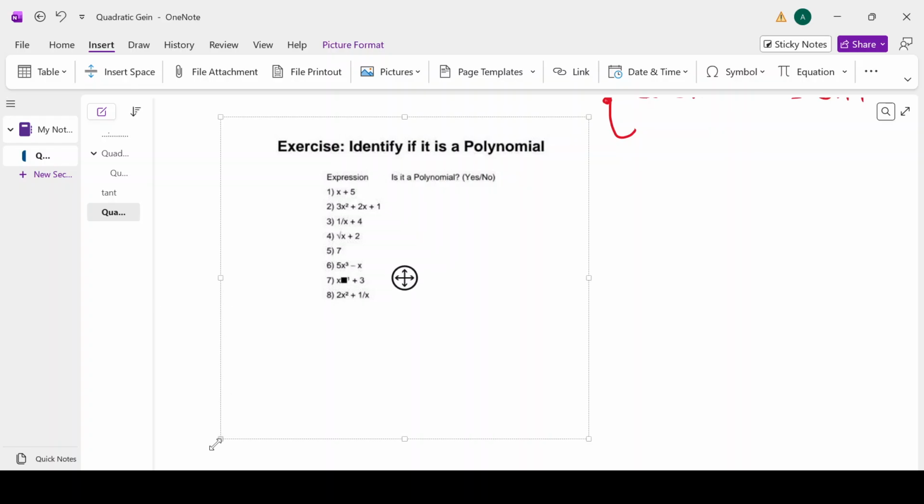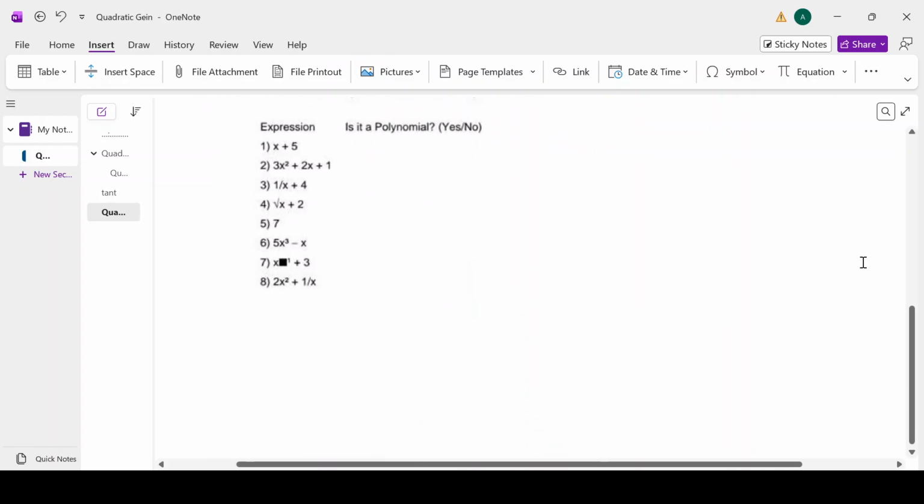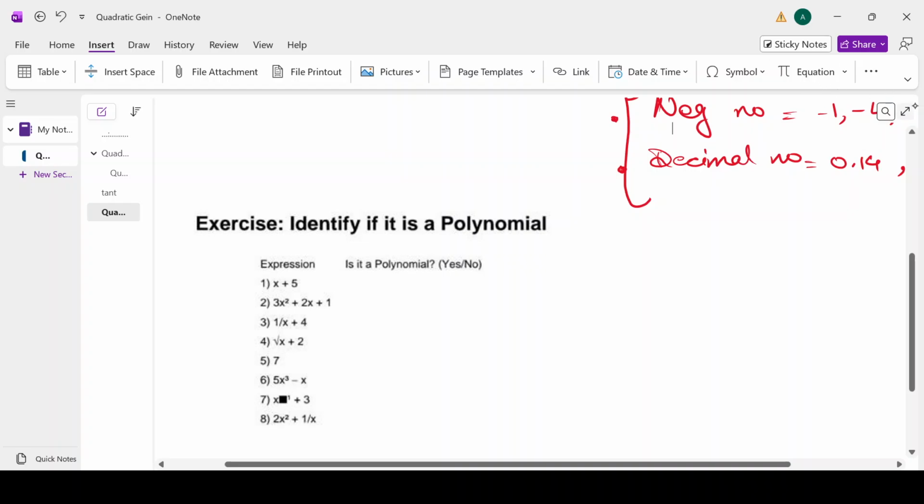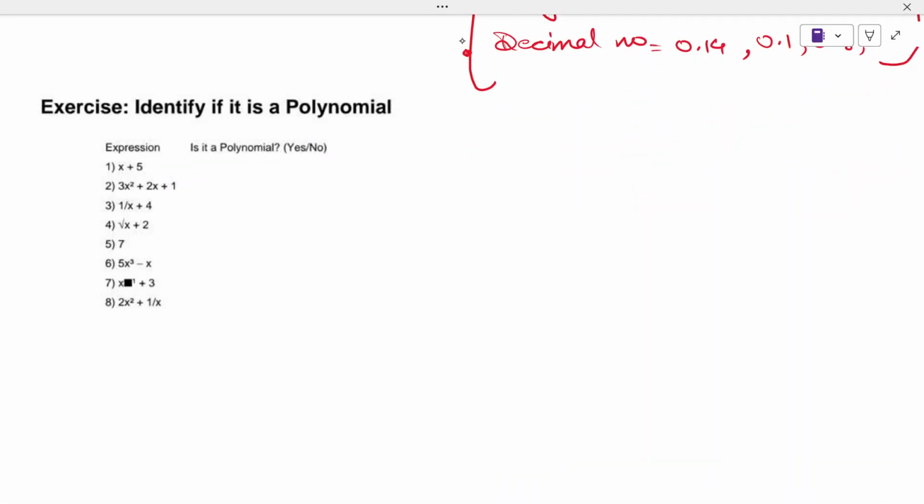So this is our example. Now you tell me, is the first one a polynomial? There are two conditions for a polynomial. The first condition is that variables and constants are in addition. Okay, the first condition is followed by this expression.